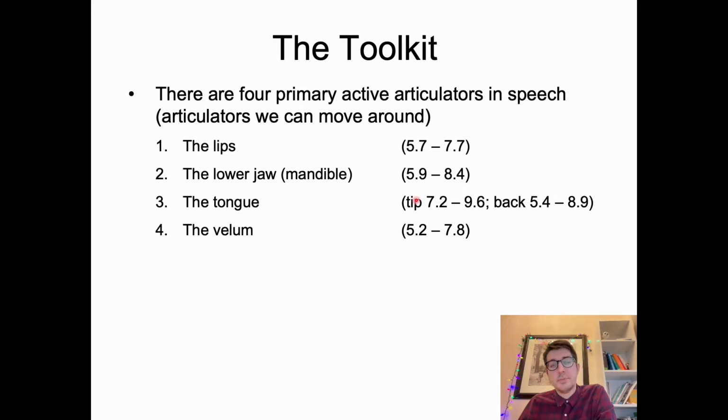The tip of the tongue and the blade of the tongue are moving with 7.2 to 9.6, I think, meters per second or something like that. It should be meters per second. And the back of the tongue is moving much slower, right? Because it's much bulkier, it's heavier than the tip of the tongue, which is quite active.